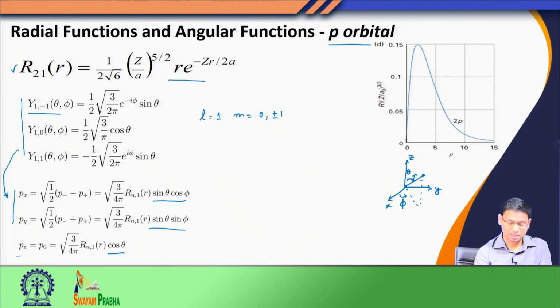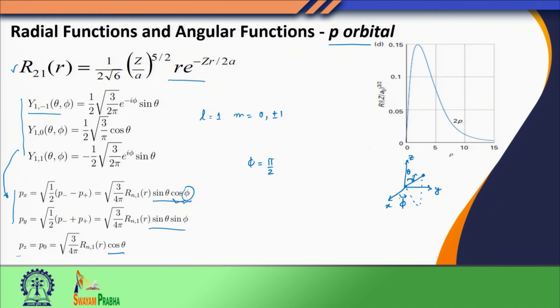So, you see when the phi value is pi by 2, then this cosine phi becomes 0. When does phi become pi by 2? When phi is the angle of the projection of this point onto the xy plane from the x axis. So, phi will be pi by 2 when the point exists anywhere on the yz plane. So, when phi equals pi by 2, that means the point is on the yz plane, I would see the angular part of the wave function becoming 0.